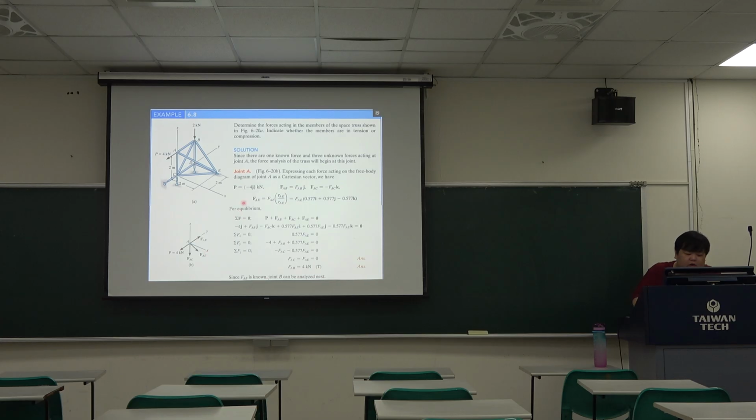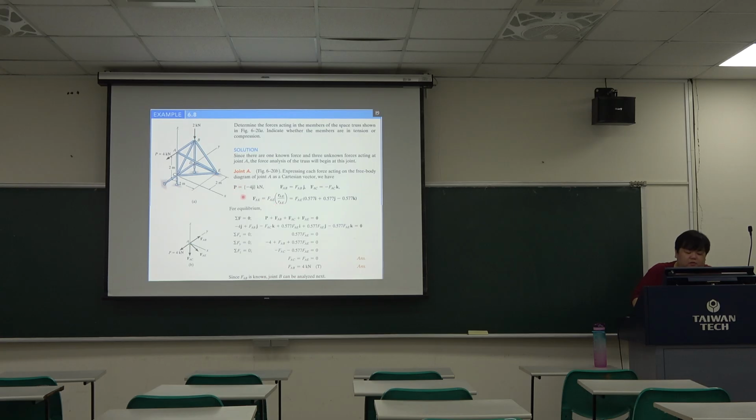Then we can use the Cartesian vector form. The P is parallel to the y-axis, but it's negative, because the positive is here, so this part is negative.